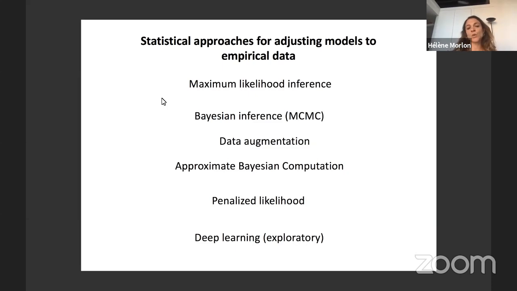Recently, we've started to use data augmentation. When we don't know how to compute likelihoods, we use approximate Bayesian computation. For some particular questions, we use penalized likelihood, and we also started, still exploratory, to use deep learning. So those are just the statistical techniques we might use to adjust our models to the data.